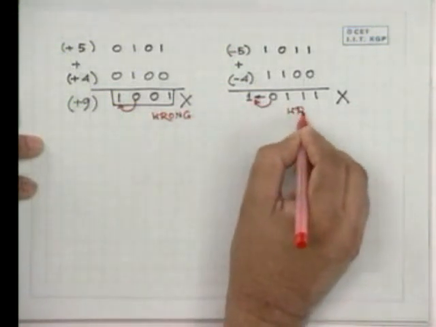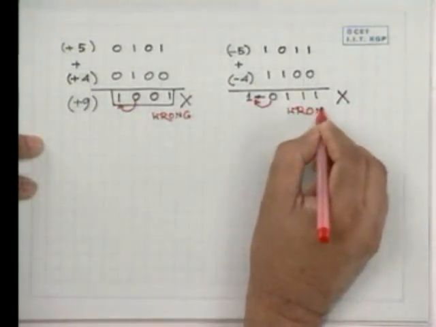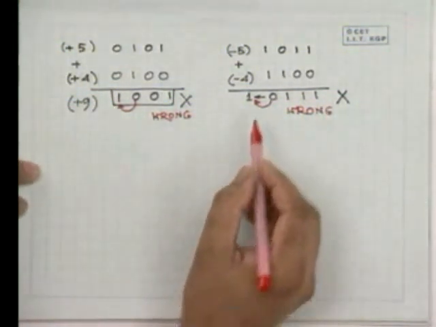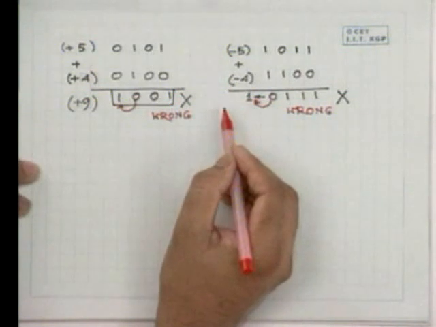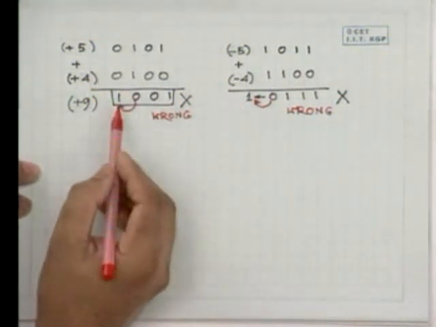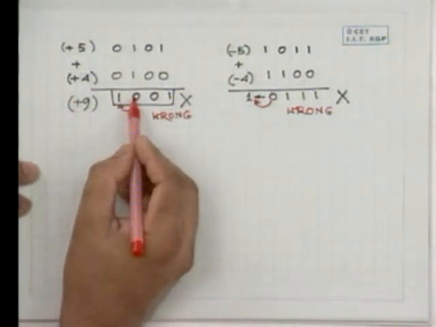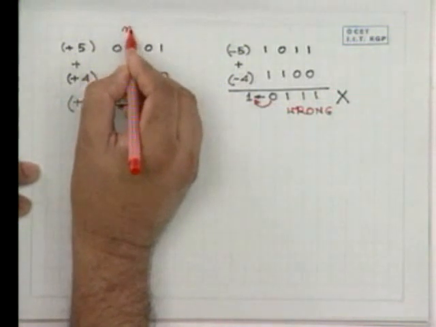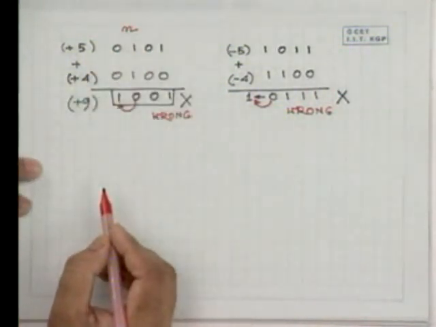This is also wrong. And one observation we make, that in this case there is a carry from the n minus second bit to the n minus 1th bit in an n bit representation.